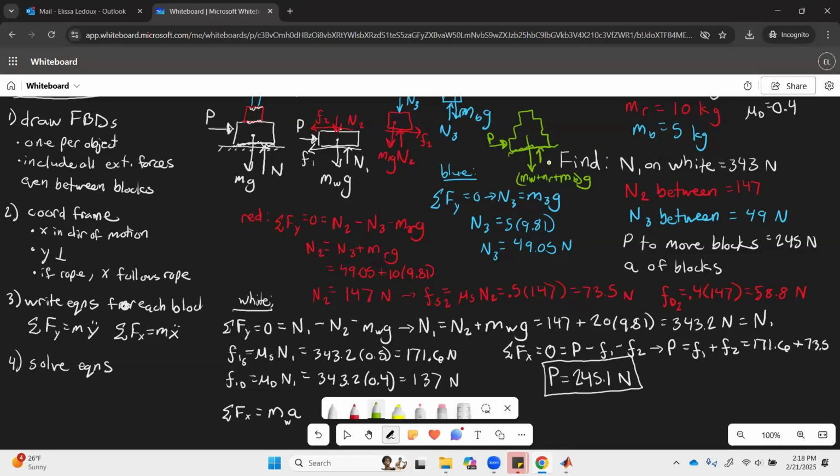So we have all those masses, we have this normal force, we have friction force 1, and then P would just need to be greater than friction force 1, which in that case would be what we get for friction 1, like 171. I think if P is less than 171.6, nothing's going to move. If P is greater than 171.6 newtons, but less than 245.1 newtons, then all the blocks move together. Or if P is 245.1 or more, then just the white block would move. That's my theory.